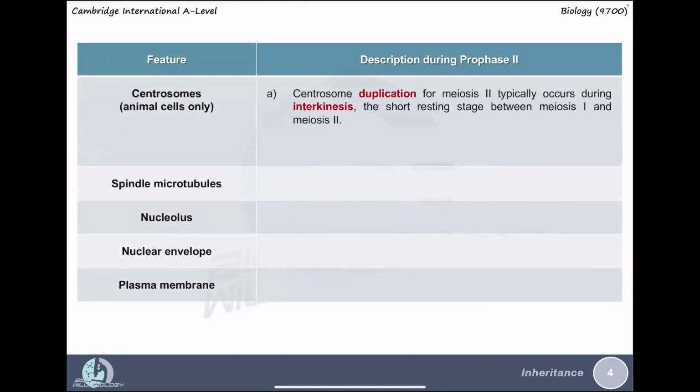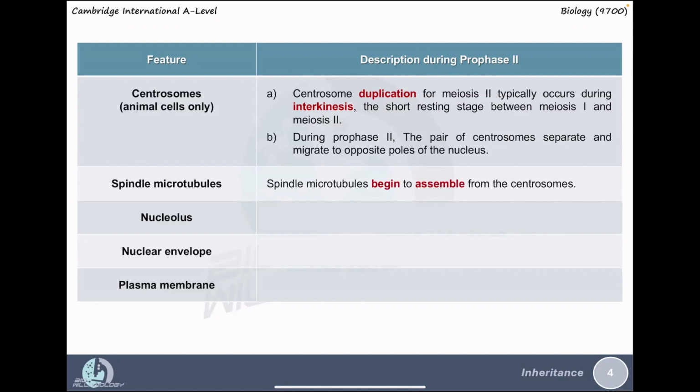Centrosome duplication for meiosis 2 typically occurs during interkinesis. Interkinesis is not in our syllabus. Interkinesis basically means a very short resting stage between meiosis 1 and meiosis 2. During prophase 2, the pair of centrosomes separate and migrate to the opposite poles of the nucleus.